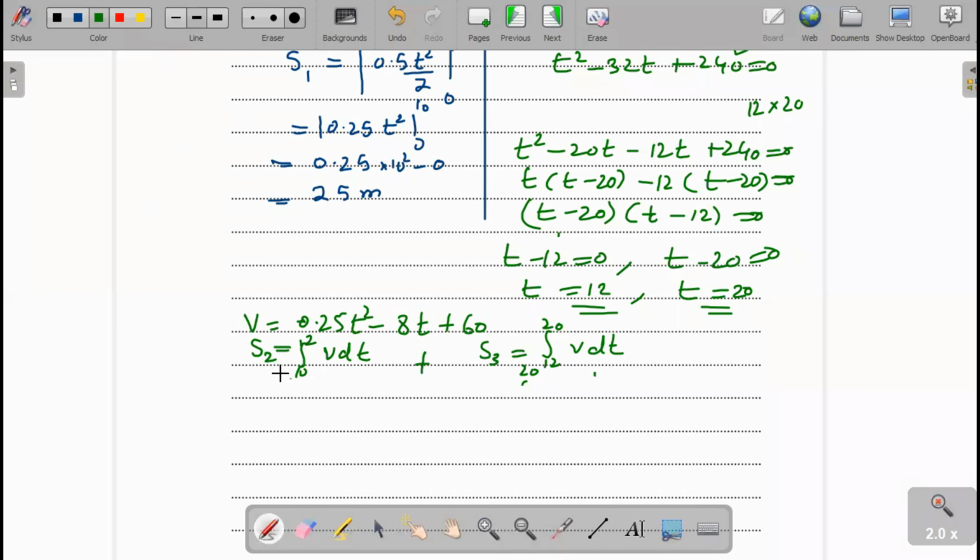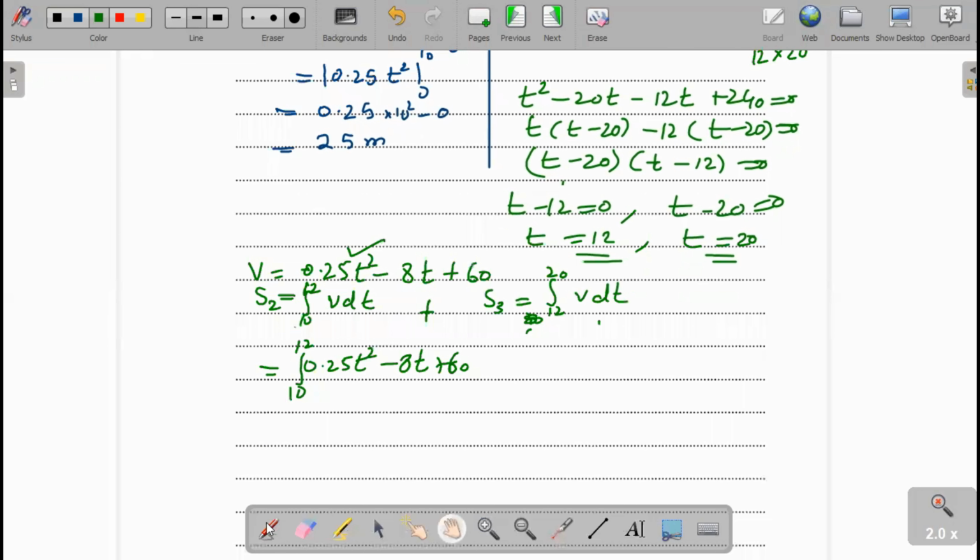This is the distance S2 in the interval 10 to 12 seconds, and the next distance is for 12 to 20 seconds. We integrate 0.25t² - 8t + 60 over 10 to 12 seconds, and the same for 12 to 20 seconds.